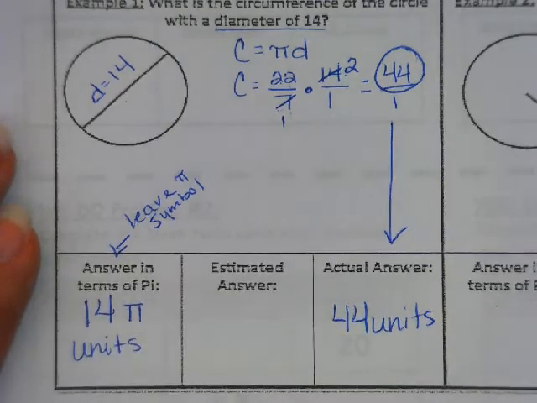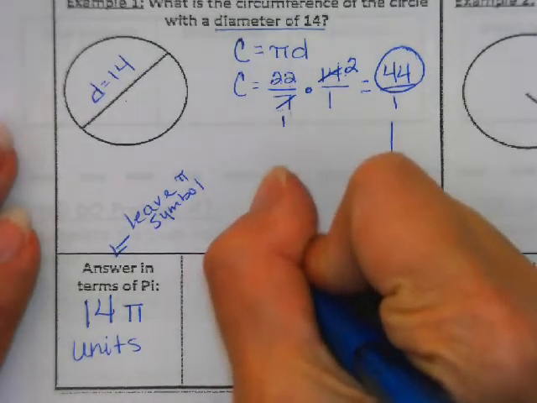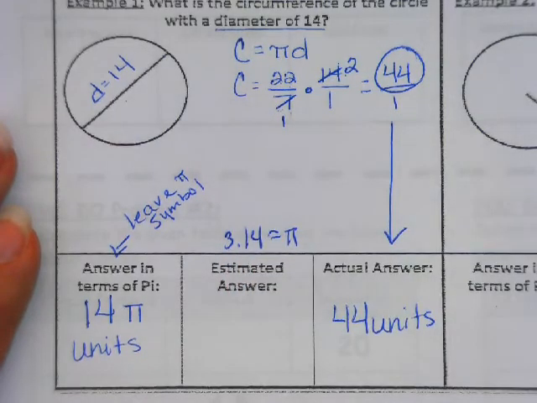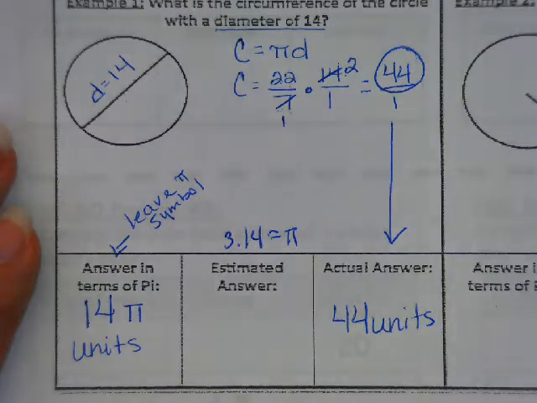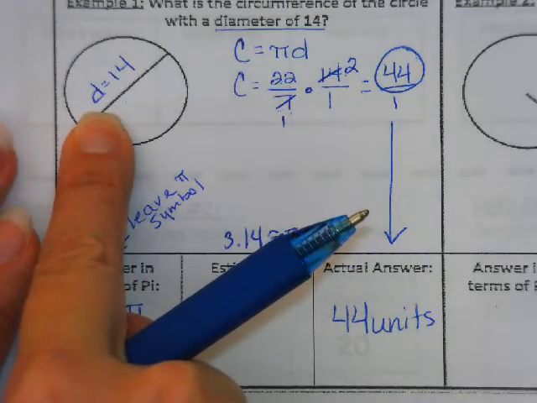Okay? Because that was exactly what we did. Our estimated answer is going to be when we use 3.14 as an approximation for pi. Okay? But we don't want to have an estimated answer if this is a multiple of 7.